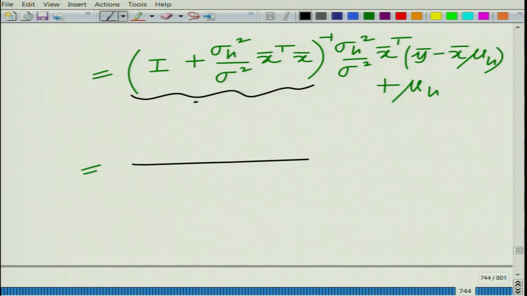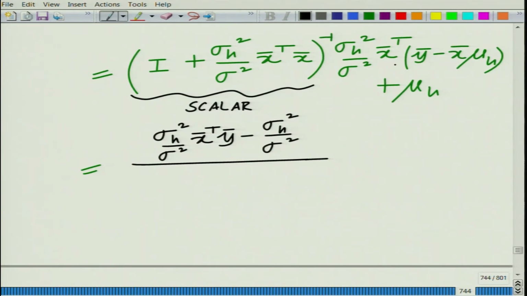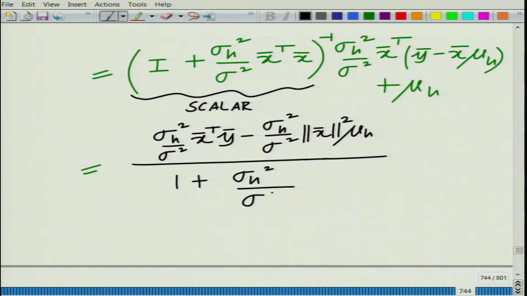It is not very difficult to see that. So this would be sigma h square divided by sigma square x bar transpose y bar minus sigma h square divided by sigma square x bar transpose x bar, that is norm of x bar square, times mu h, divided by 1 plus sigma h square divided by sigma square norm of x bar square, plus mu h.